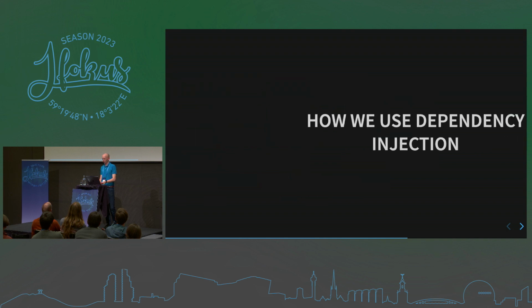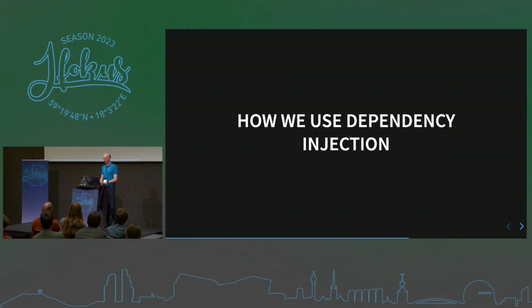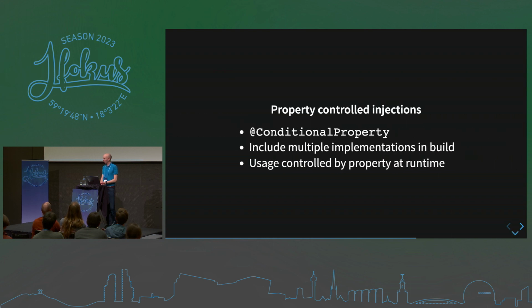Yeah, so how can we be more specific about which modules should implement which interfaces? We could use property control injections. This is a way of saying that we can include multiple implementations in the build, but which one is actually used is controlled by a property in runtime.